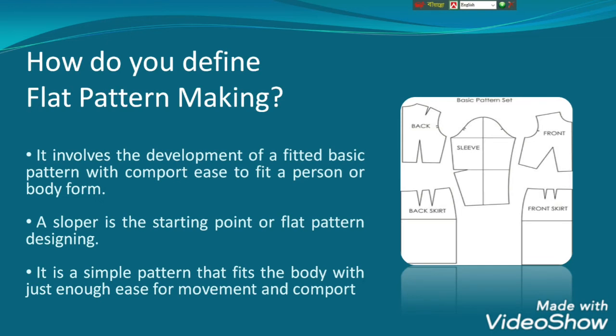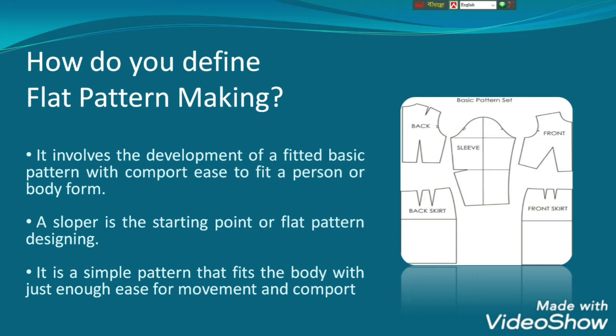My first question is, how do you define flat pattern making? So flat pattern making refers to the development of fitted basic patterns with comfort and ease to fit a person or body form, such that a sloper is the starting point for pattern designing.